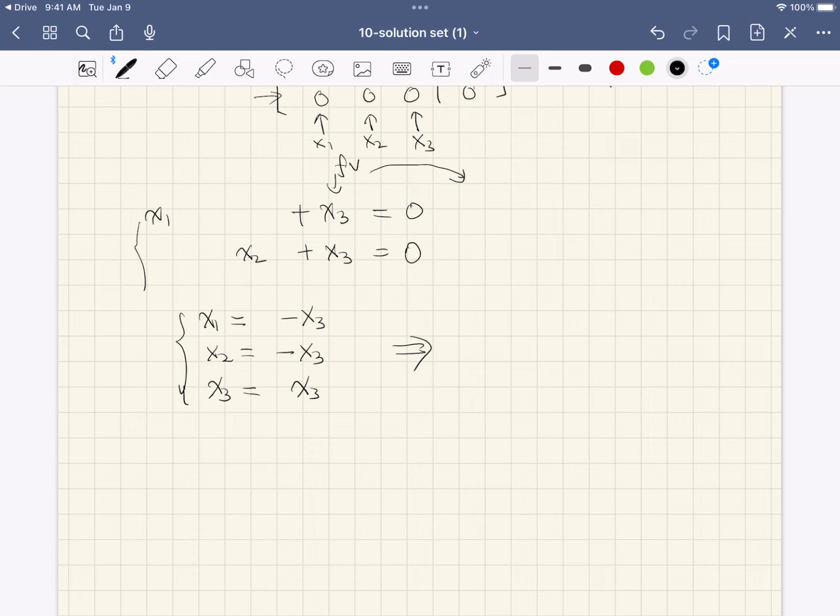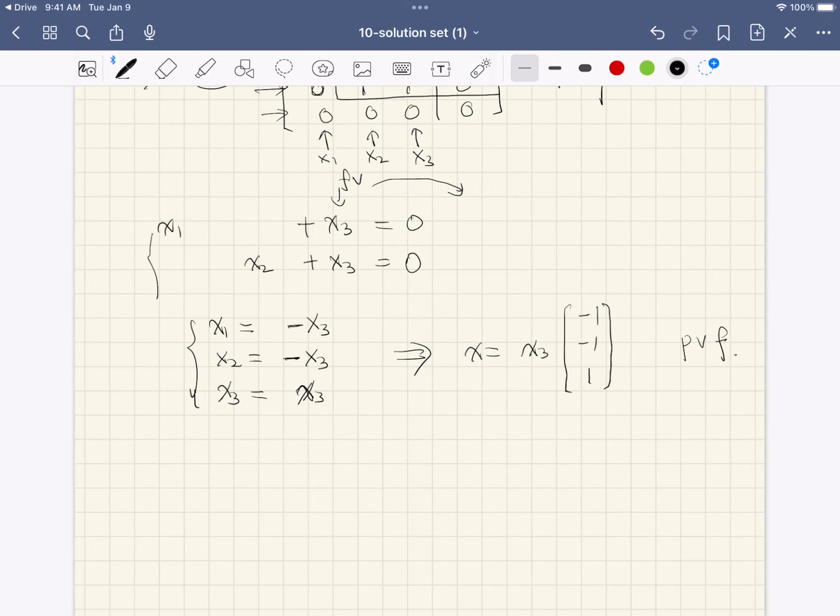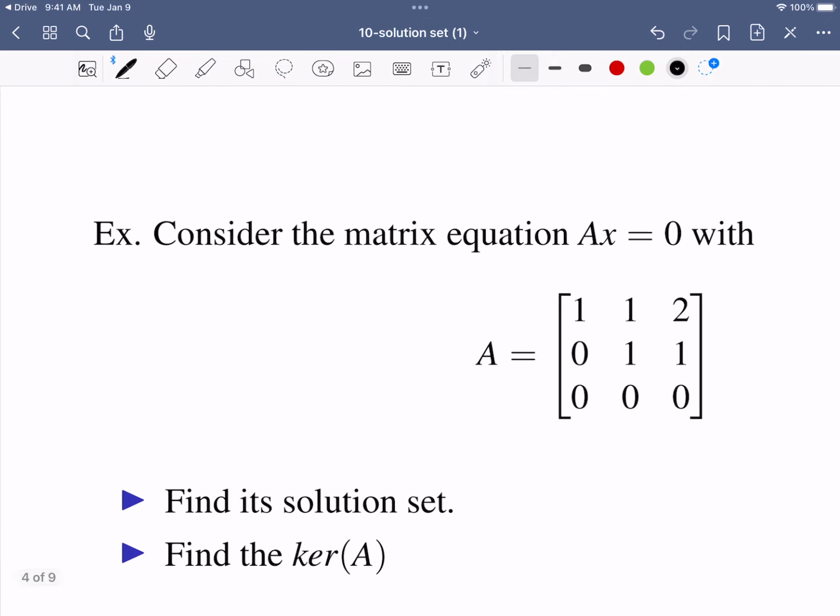At this point, we can write x by pulling x3 out of the vector and putting the coefficients inside. Negative x3 means the coefficient is negative 1, and again negative 1, and x3 means the coefficient is 1. This is the PVF, parametric vector form. We're done with the first question. We solved it, and this is the solution set.